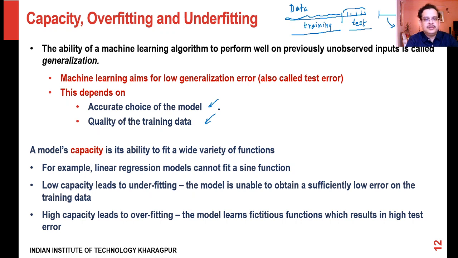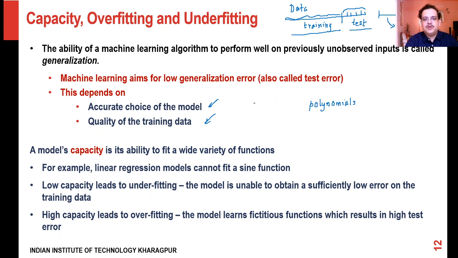So a model has something called a capacity. When we define a model, the capacity of a model is its ability to fit a family of functions. For example, I may say that polynomials are one family, so I may try to fit the data using a polynomial.